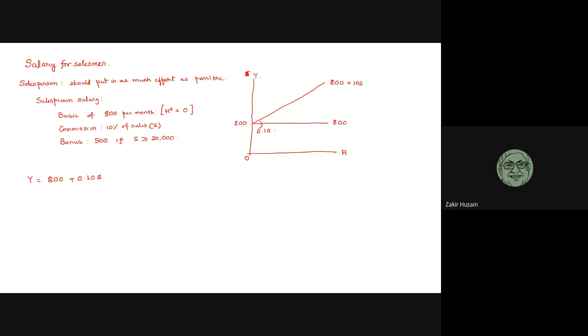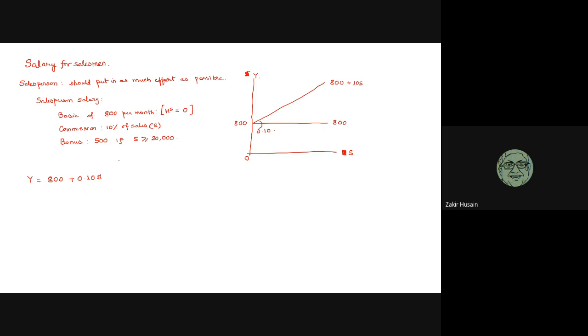Another thing, instead of H over here, let us put S, because we assume that if the person puts in more hours, the sales is going to go up. So now how will this function look?